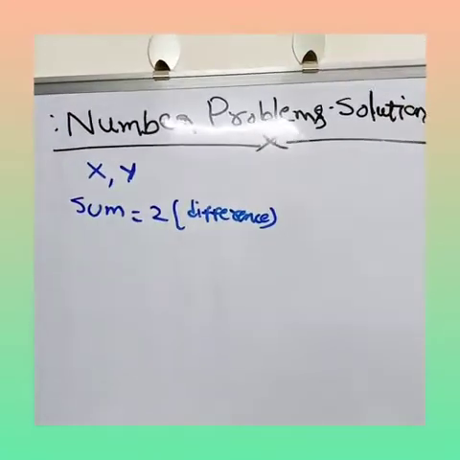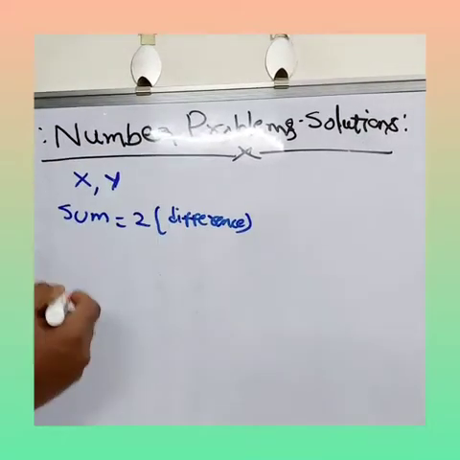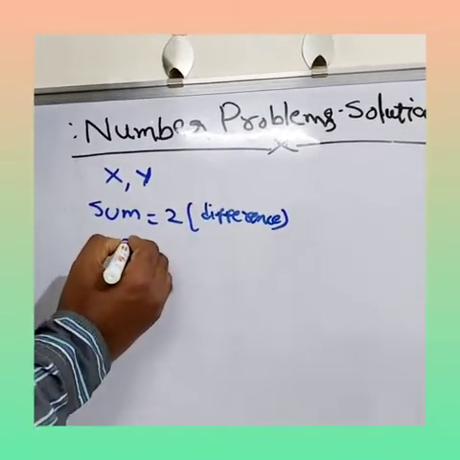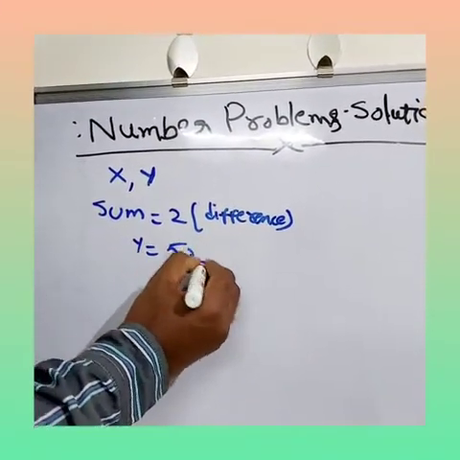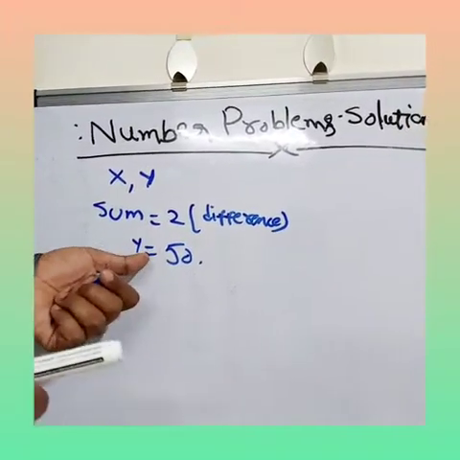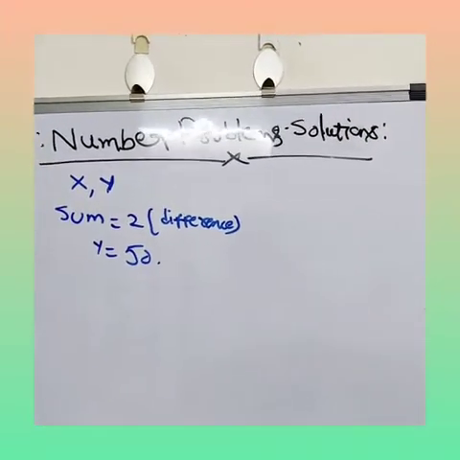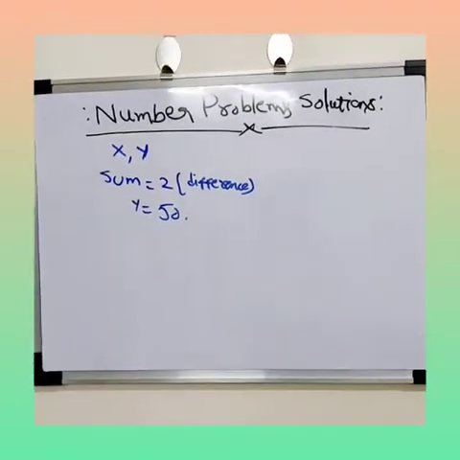Out of this we got the y value as 50. So y is given as 50 in the problem, and then we need to find the values of x and y.